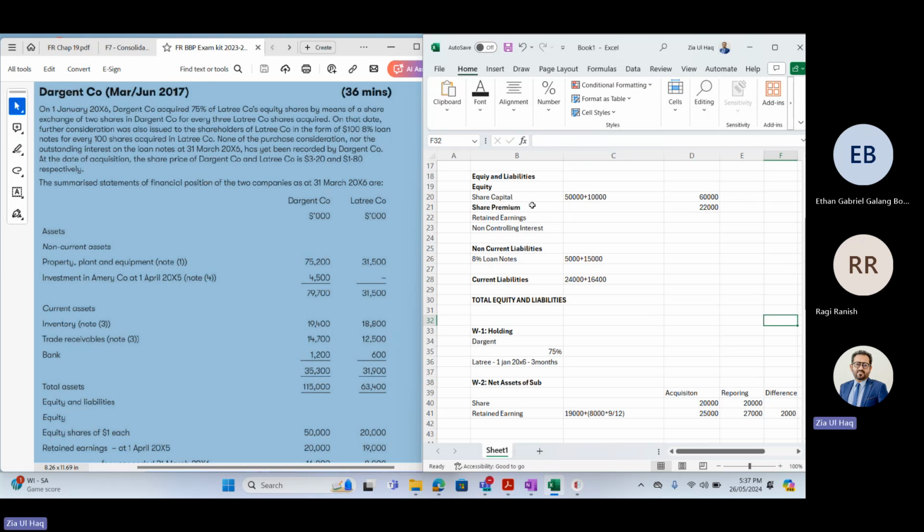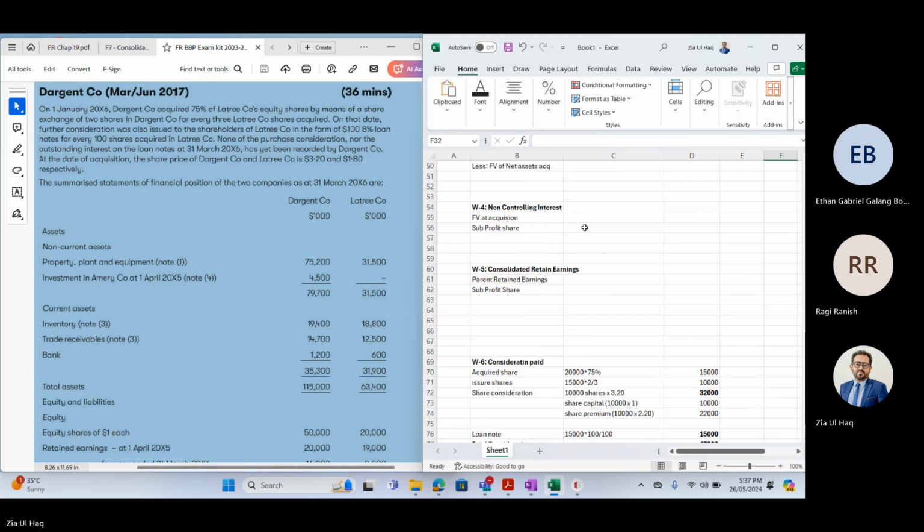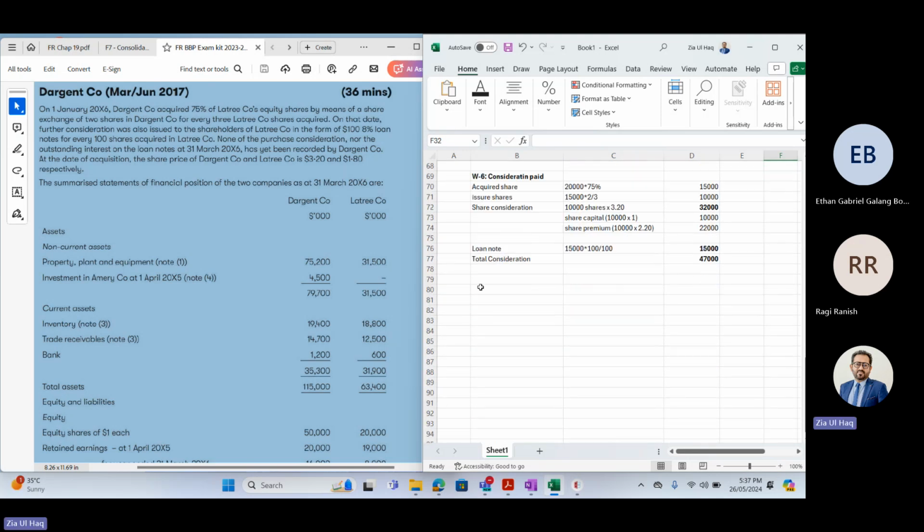What is the interest on loan? If we move towards here, interest on loan note, amount is 15,000 and 8% is the interest rate, equal to what? 1,200 for the complete year.